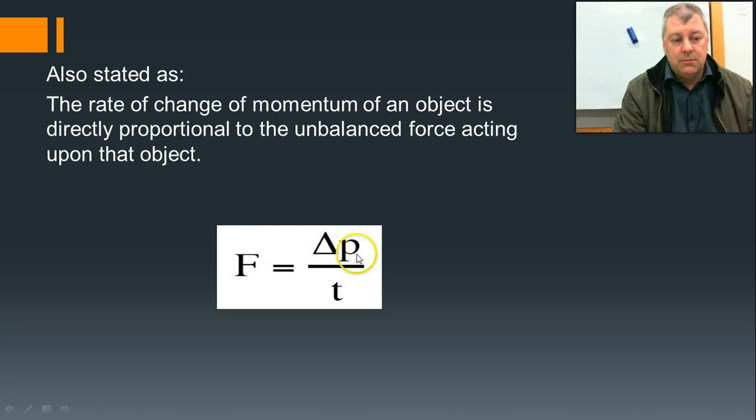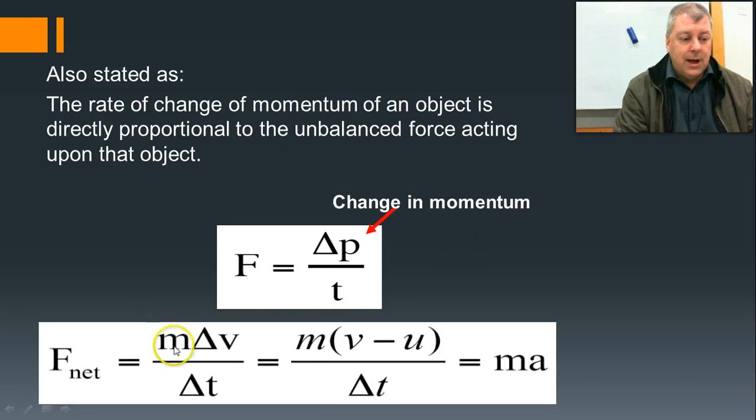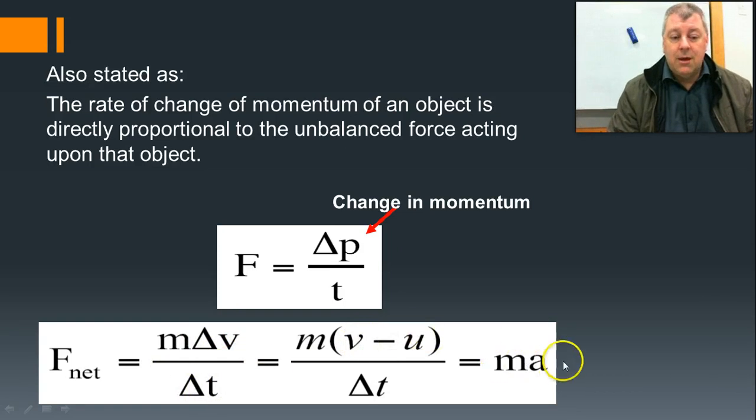There's our change in momentum, delta P, divided by time. We can also write it like this, because momentum is mass times velocity, and because we're talking about a change in velocity and a change in momentum, we can say v minus u, over a time period. And all that is equal to ma. So all these equations describe Newton's second law.